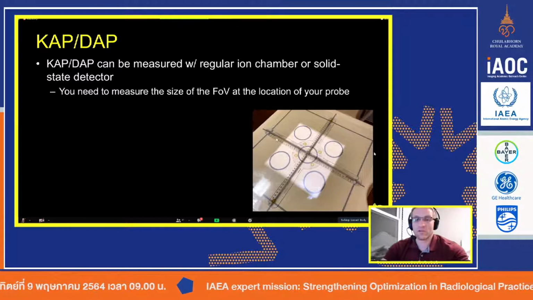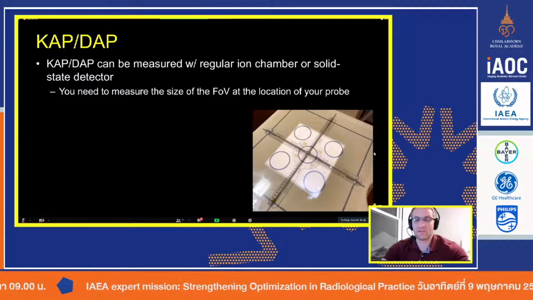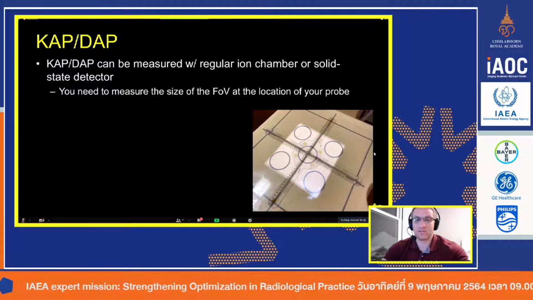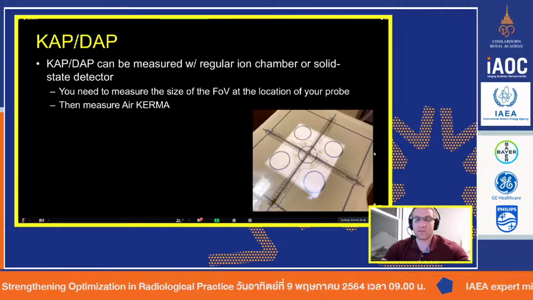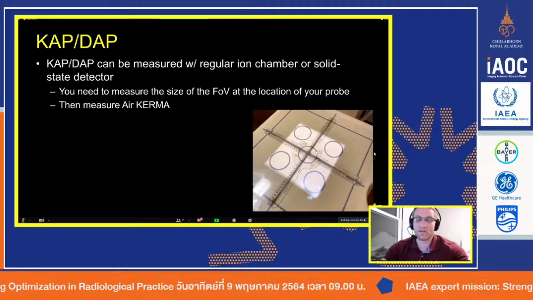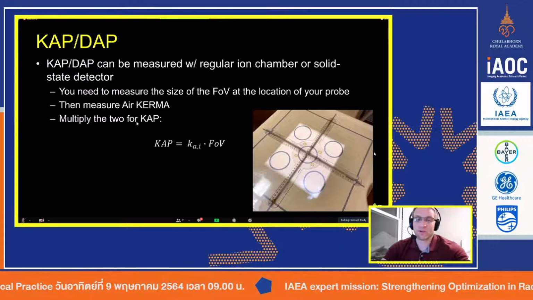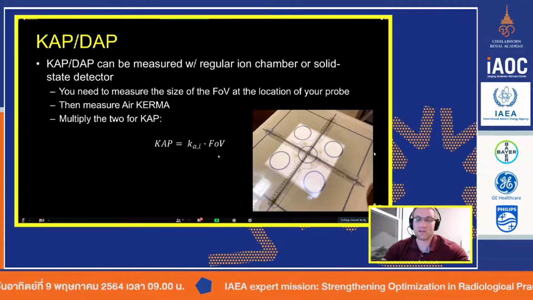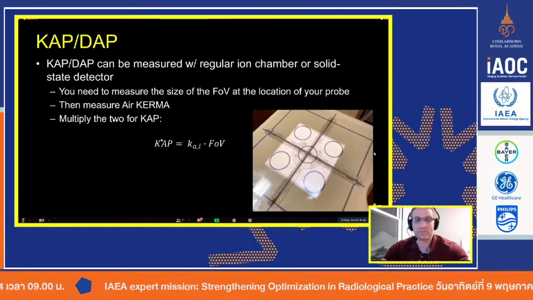So we make an exposure on the screen. We can get the measurements of the field of view and we calculate the total area. And then we take that ruler away and we put our ion chamber or our solid state detector here. And then we make a measurement and we have our air kerma. So we multiply the two values, incident air kerma times field of view size, you get CAP or DAP.